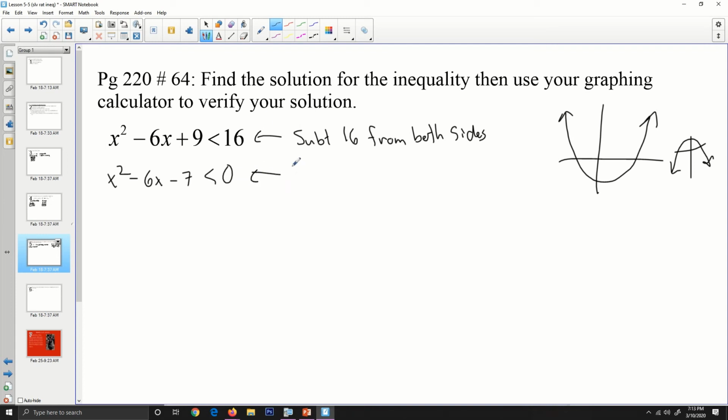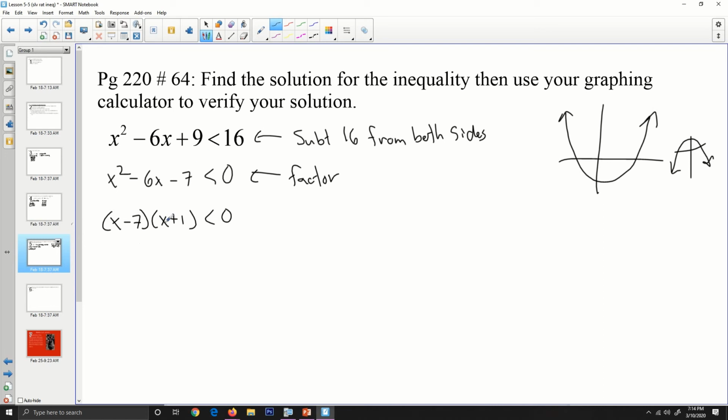So this thing I want to factor. And again, if it doesn't factor, you could use the quadratic formula on the left-hand side to get the zeros. This thing factors: 2 factors of -7 that add up to -6, x minus 7 and x plus 1. We want that to be less than 0. That looks good.